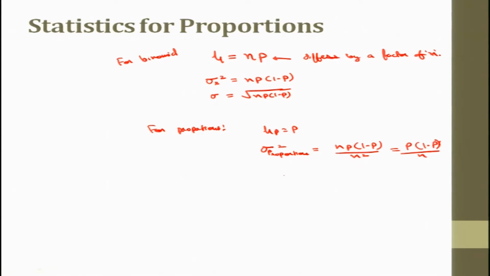So, the standard deviation for proportions is equal to the square root of p into 1 minus p by n, where p is the probability of success.